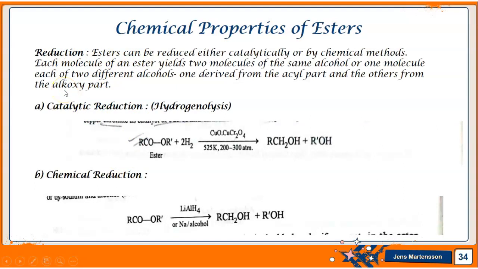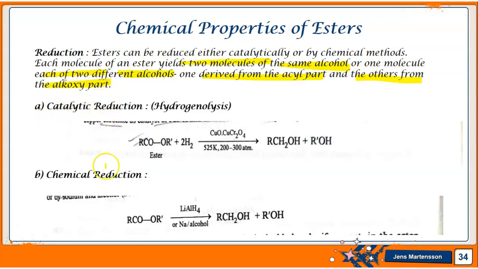Your esters can be reduced either catalytically or by a chemical reaction, and each molecule of ester yields two molecules of the same alcohol or one molecule of each of two different alcohols, one derived from the acyl part, the other from the alkoxy part.